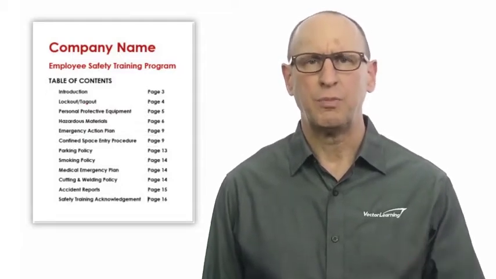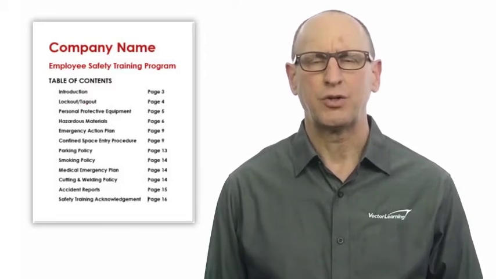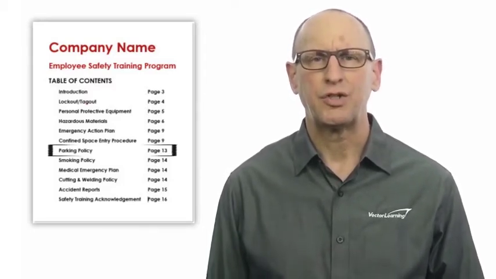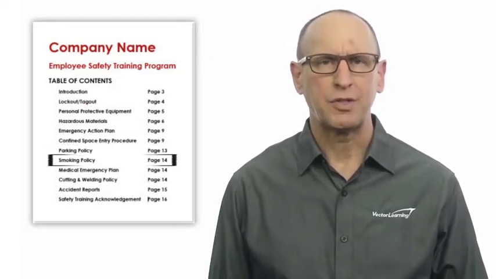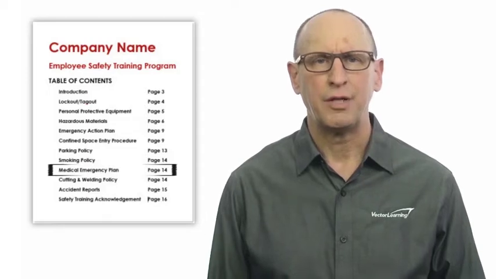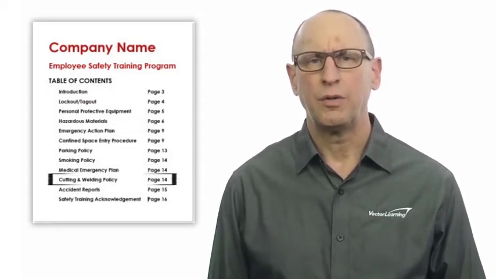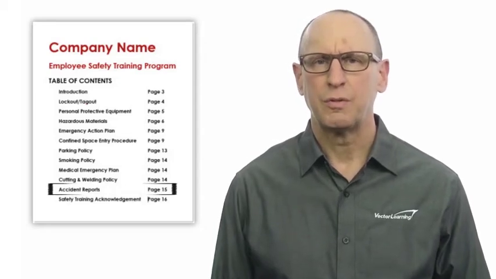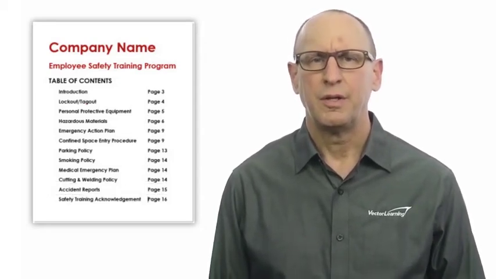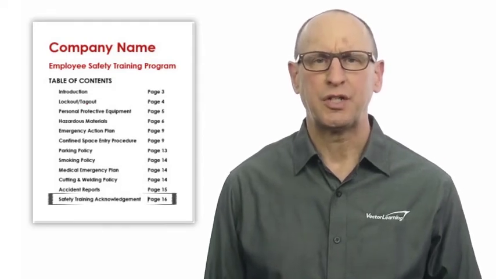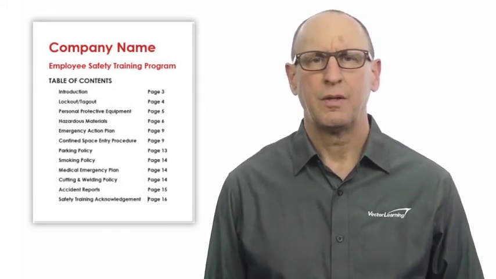And the page numbers could be shifted based on the actual material in each section. Parking policy, page 13, smoking policy, page 14, medical emergency plan, page 14, cutting and welding policy, page 14, accident reports, page 15, and safety training acknowledgement is on page 16, typically the last section of the document.